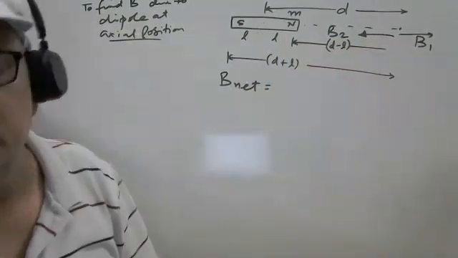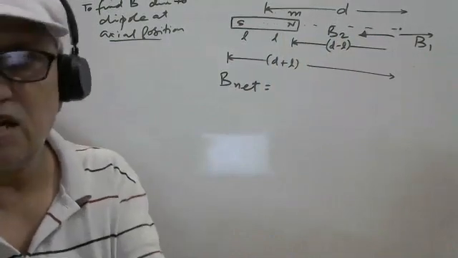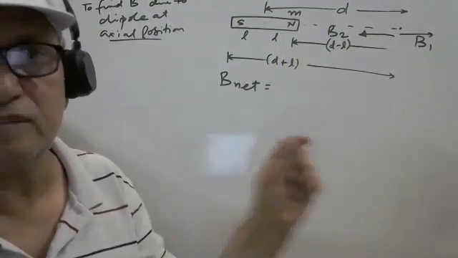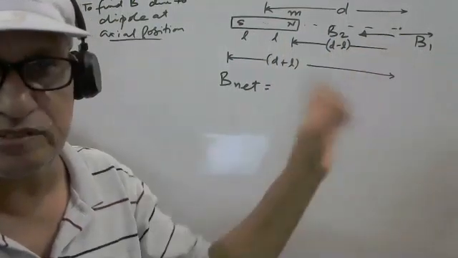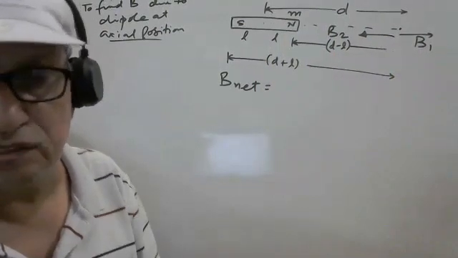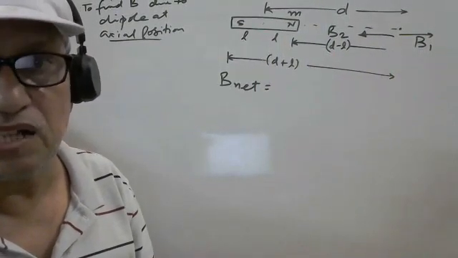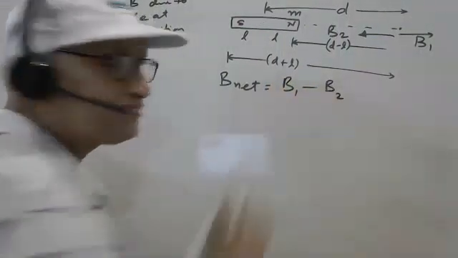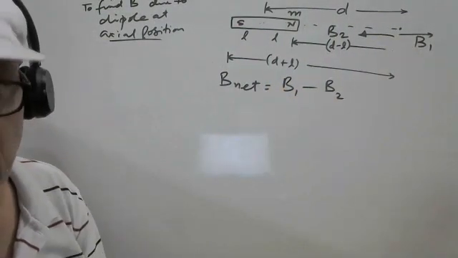So what should be the answer now? It is clear. V1 is more, so net will be V1 minus V2, because they are in opposite directions and V1 is more than V2. So the final answer must be V1 minus V2. Is it okay or not? Okay now?